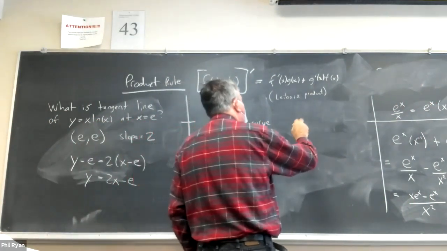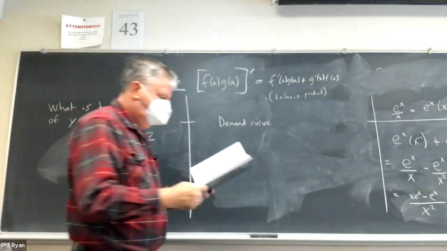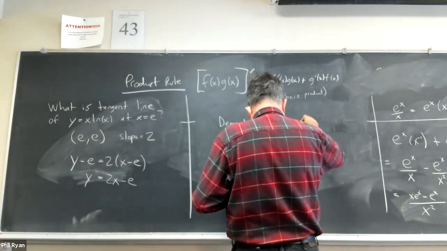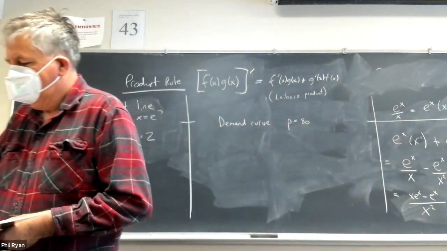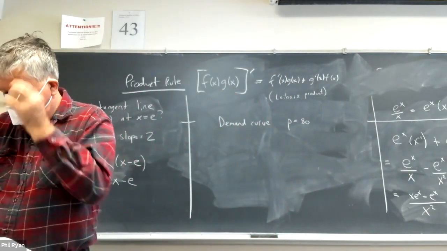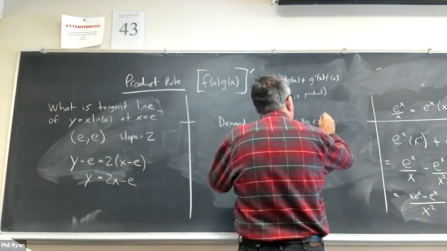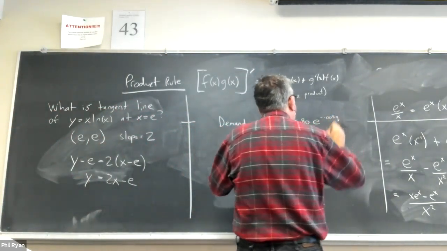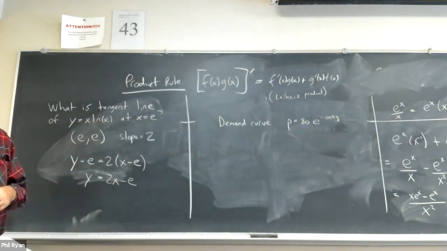And let's say the demand is P equals 80 times e to the minus 0.003 Q. Okay, does that make sense as a demand curve?